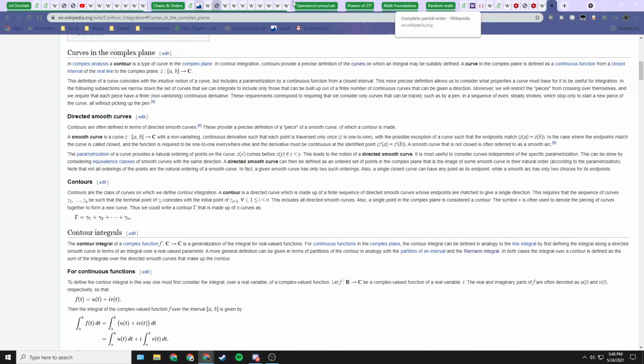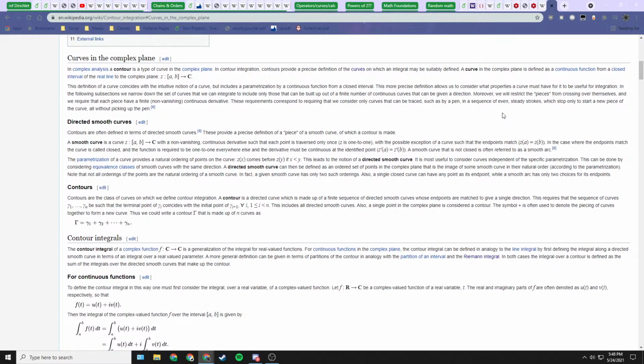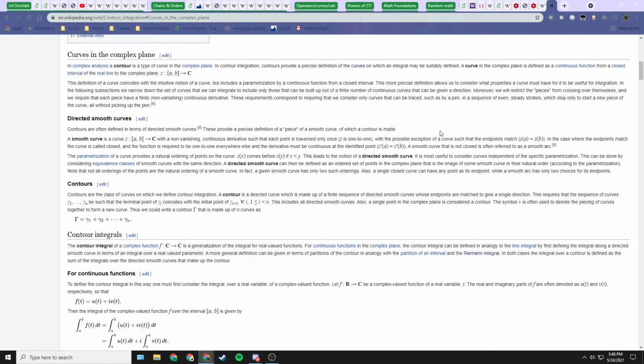In any case, the way that these are built up is, let's see, smooth curves are injective continuous curves with non-vanishing continuous derivatives.